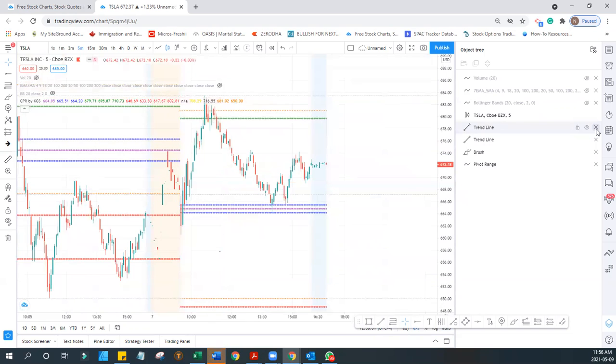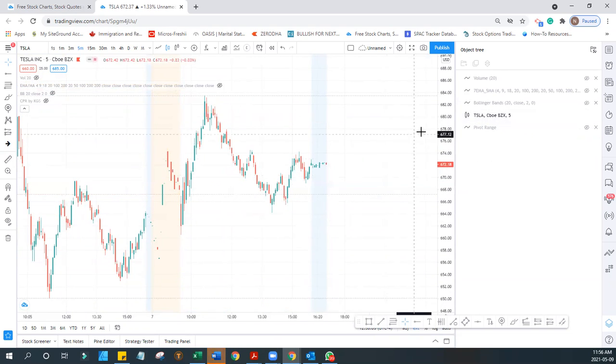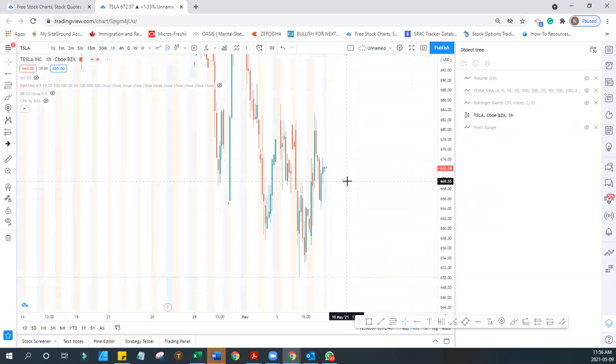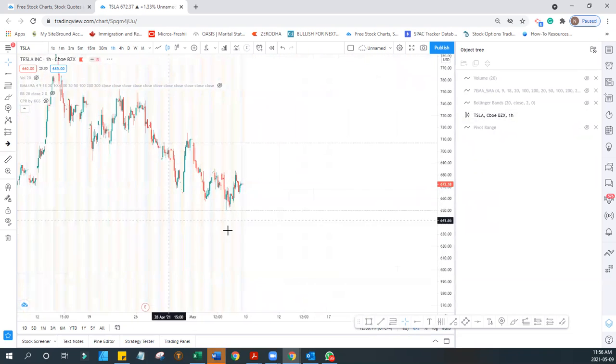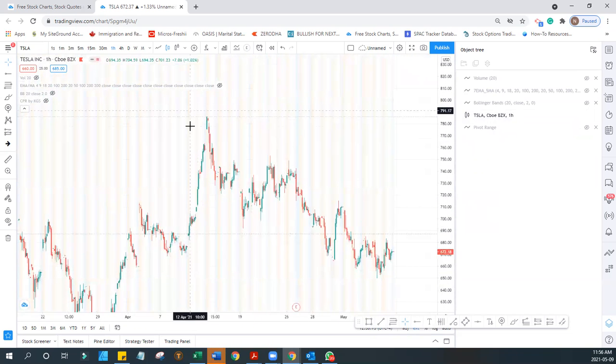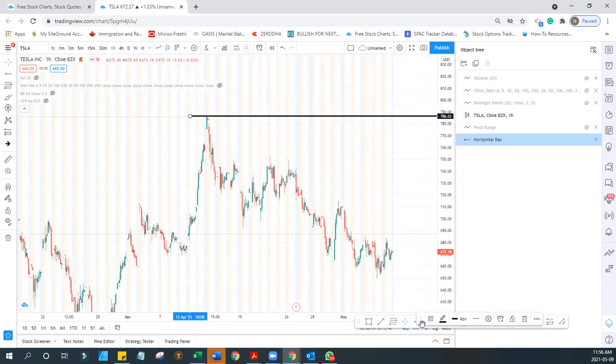Let me go to the higher time frame, because you are looking for resistance and support. So what is the high of this area? Can I say this is the high? Yeah. And can I say this is the low?